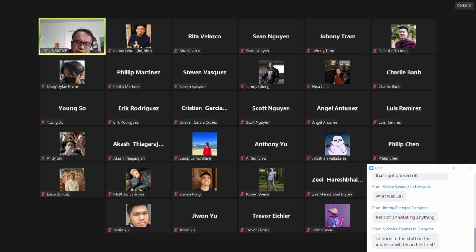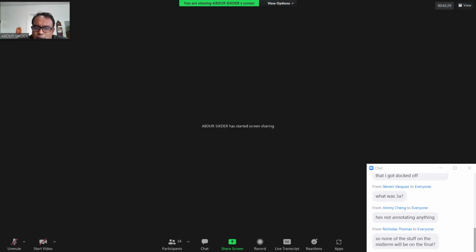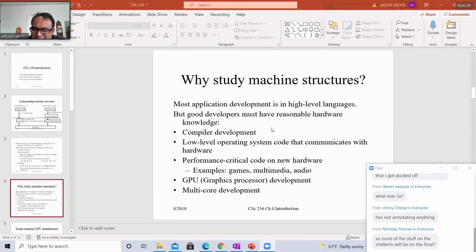But of course, you see in the first chapter, why study machine structure: compiler development, that's why they have a compiler course.